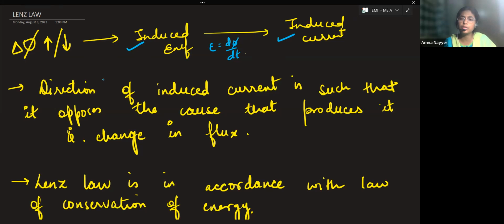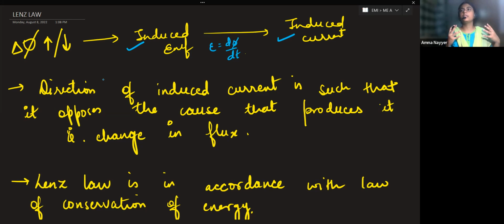So, induced EMF's work is to oppose the cause. Now, cause can be anything, but here we know the cause: it's either the increase or decrease in the magnetic flux. Fine. So the induced current is in such a manner that it opposes the cause that produces it.